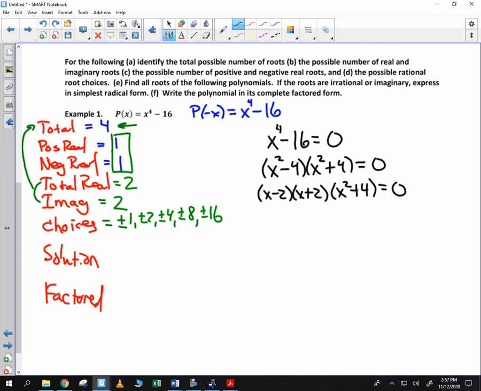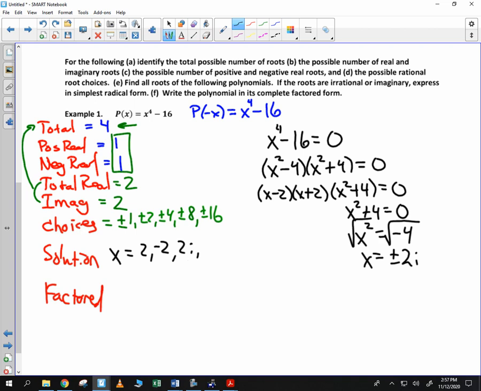Notice we have 2 solutions already. We have positive 2 and negative 2. If I solve x squared plus 4 equal to 0, I get x squared is equal to negative 4, and as I square root, I get x is equal to plus or minus 2i. So we also have positive 2i and negative 2i.